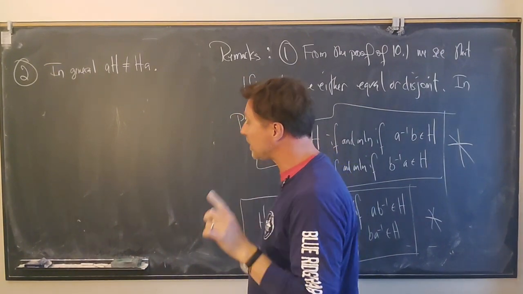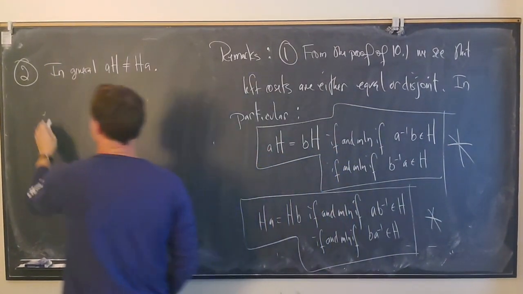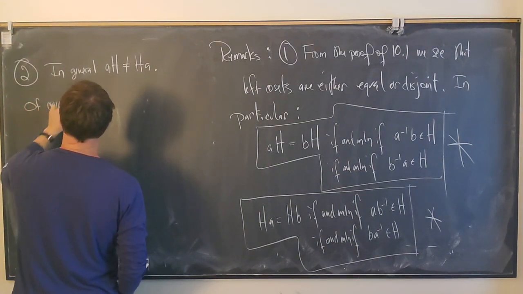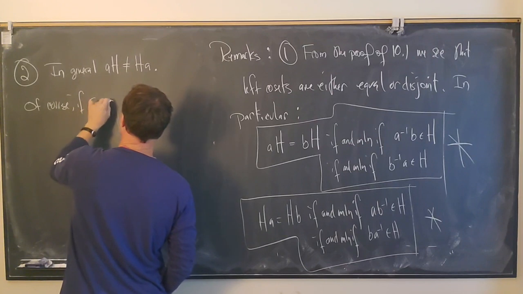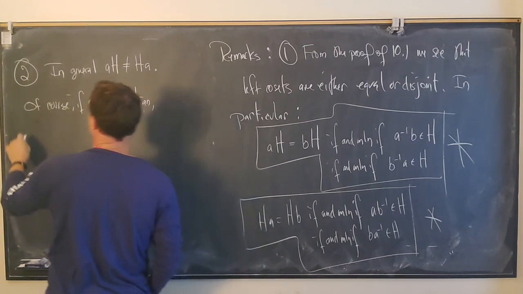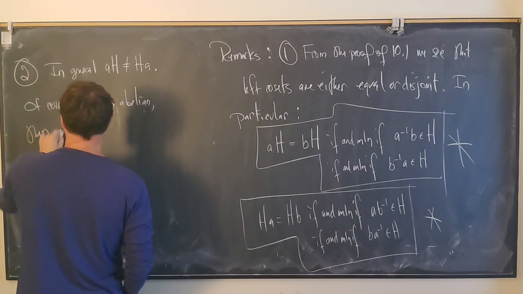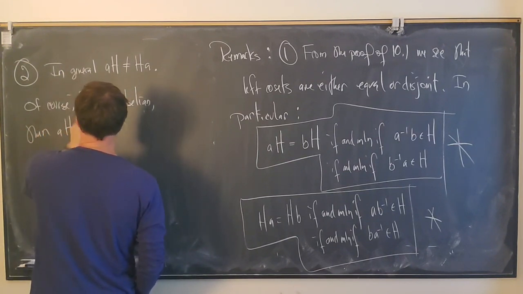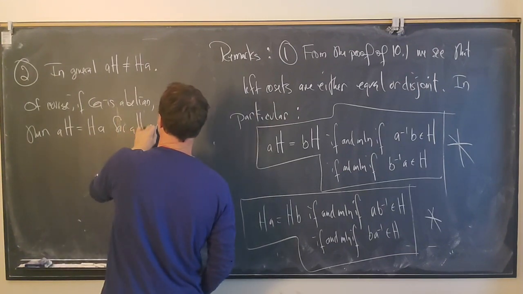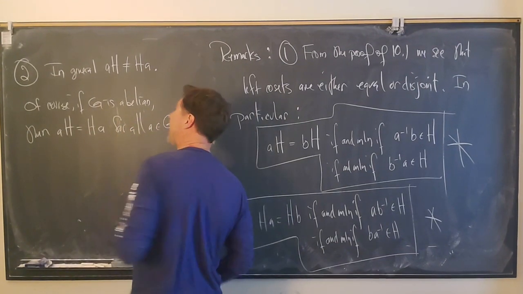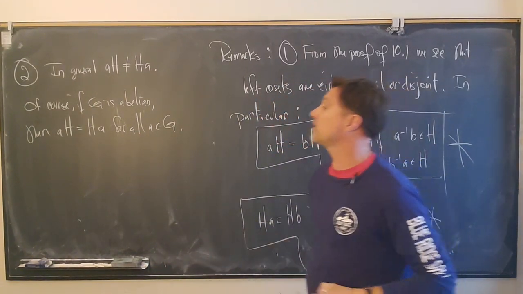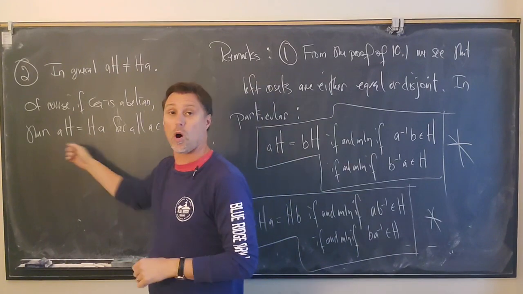One place where you're guaranteed that they are equal is, of course, if G is abelian, then aH, the left coset, equals the right coset Ha for all little a in capital G. That's not the only time that it happens, but if you're in an abelian group, you're guaranteed left cosets and right cosets are always exactly the same.